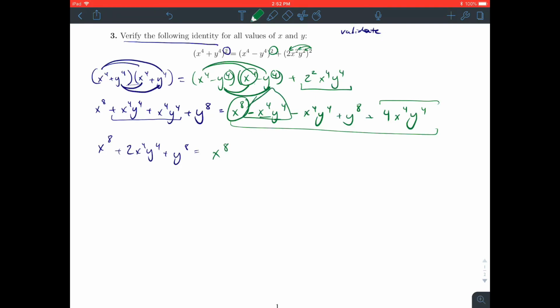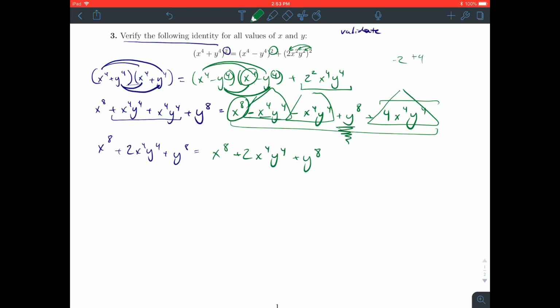So we've got negative 1 minus another, that would give us negative 2. Now here we've got plus 4 of them. So that's adding 4. So that leaves us with 2. Negative 2 plus 4 is 2x to the 4th, y to the 4th when we combine all the triangle terms. And then here in a super zigzaggy underline, we've got plus y to the 8th.